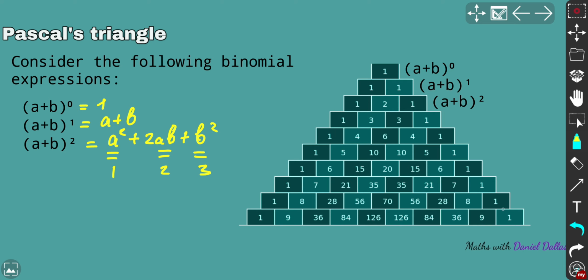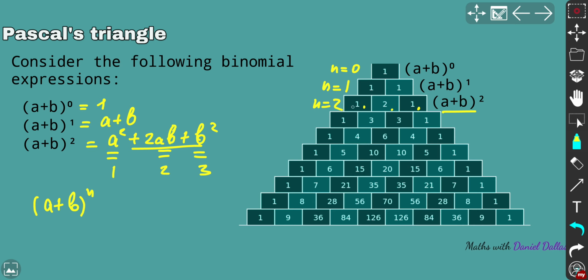So you can try to correspond those binomial expansions to each step in this pyramid, or this triangle, because it looks like a triangle made of numbers. This corresponds to n equals 0, when the power n is 0. We remember that we can use the general structure, right? This level corresponds to 1, that level corresponds to 2, and so on. In the expansion a squared plus 2ab plus b squared, those numbers become the coefficient before each term.